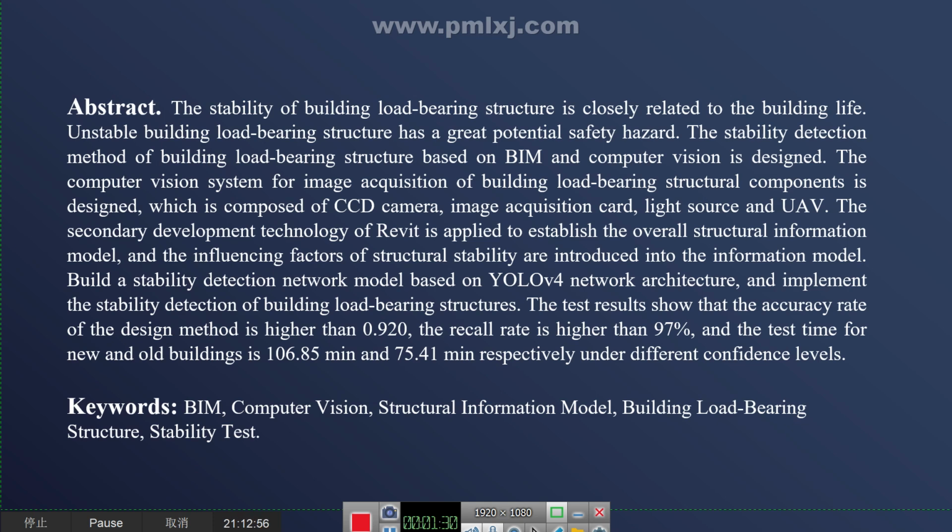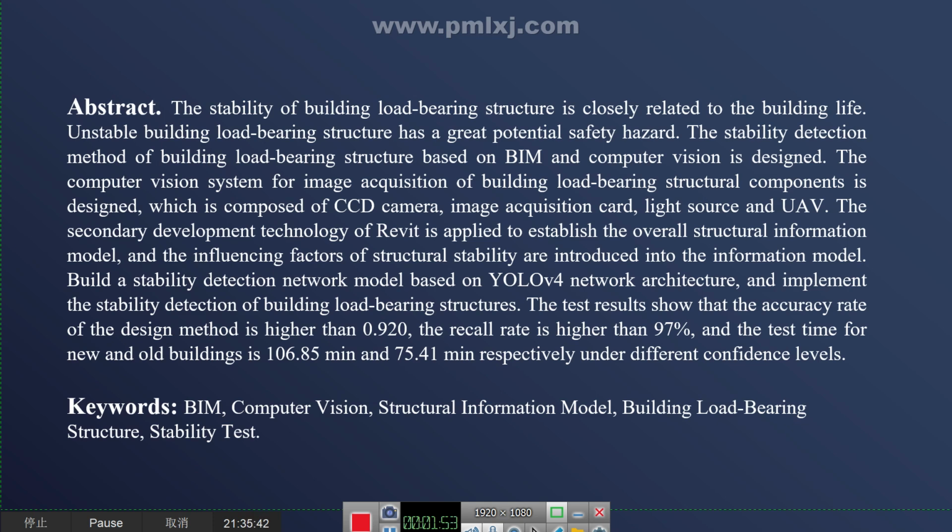The secondary development technology of Revit is applied to establish the overall structural information model, and the influencing factors of structural stability are introduced into the information model.